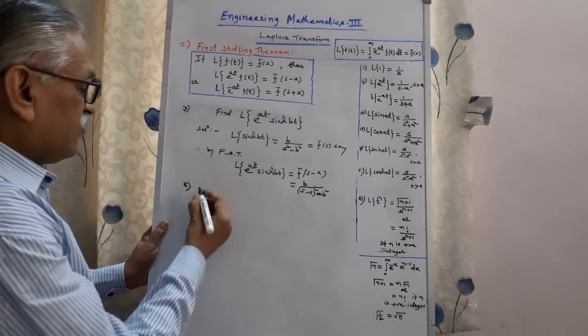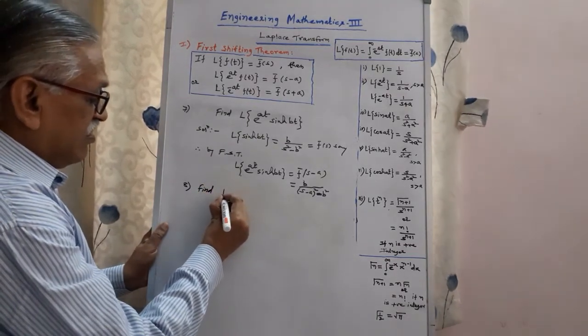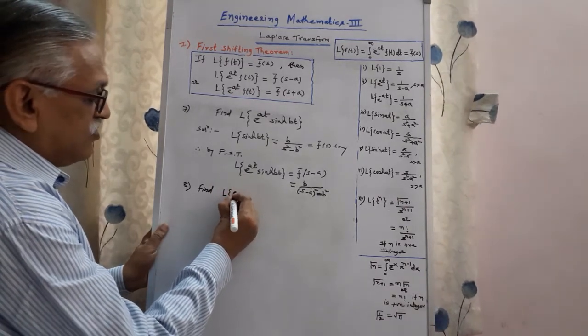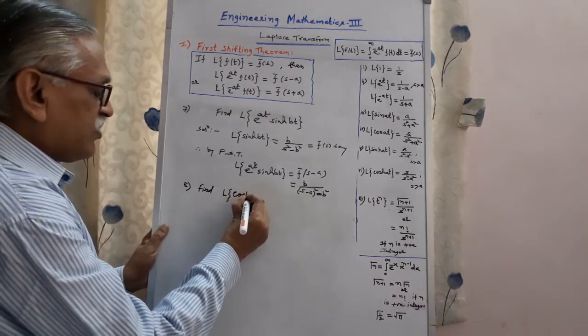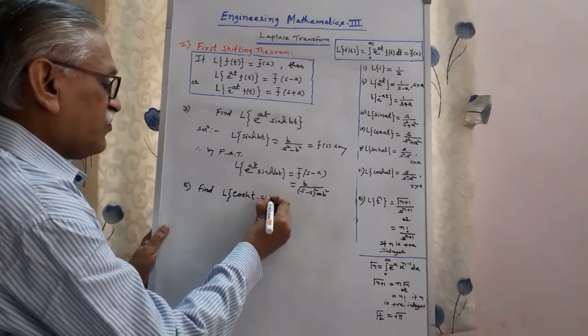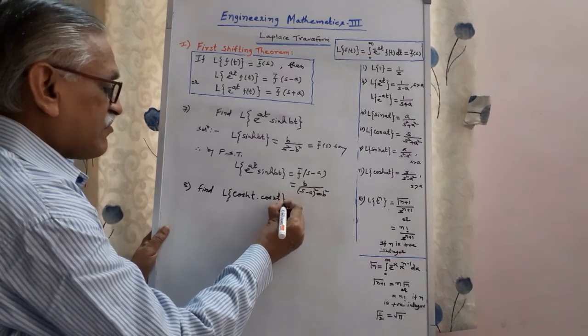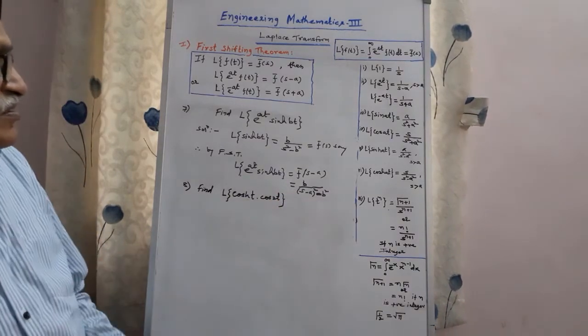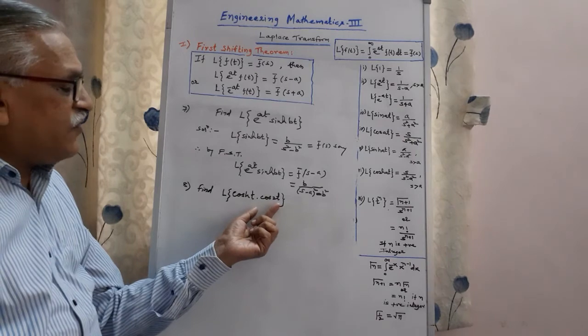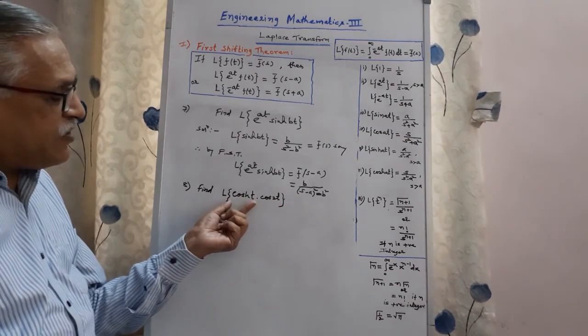Example number 8. Find the Laplace transform of cosh t into cos of 2t. Here the function f of t is cos 2t, and it is multiplied by cosh t.